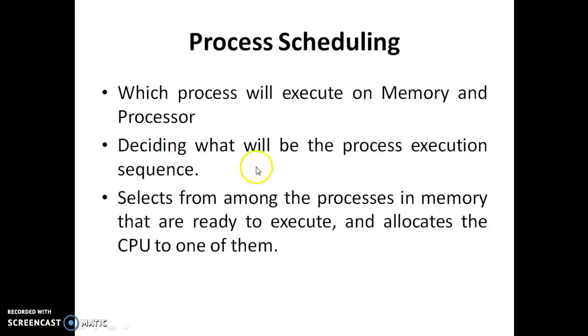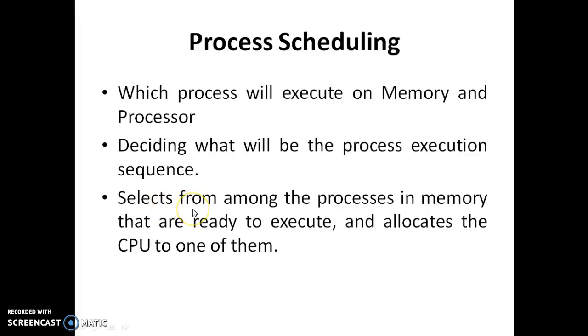It decides the process execution sequence. If in a single processor or single RAM I can have multiple processes to execute, which process will execute first, then which next, and so on. So the sequence is decided with the help of process scheduling.